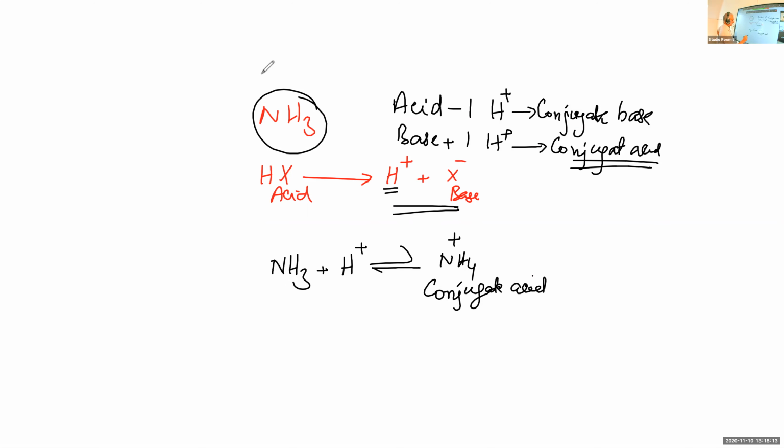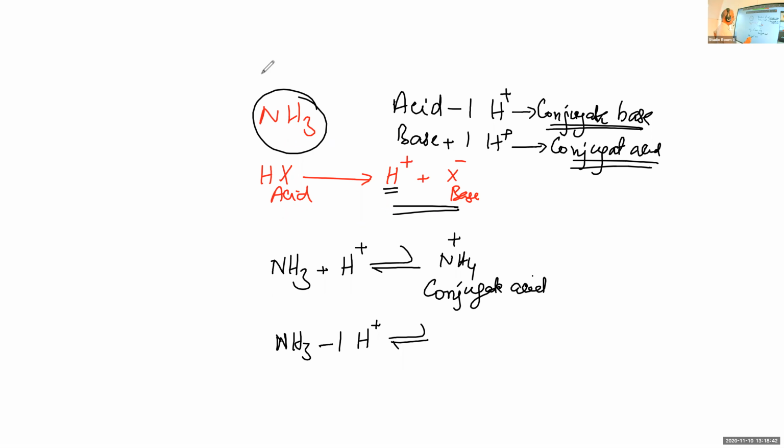Similarly, you are given NH3, and you are asked to find out the conjugate base. How is it obtained? From the given molecule, you subtract one H+. So minus one H+, and that will give you the conjugate base.